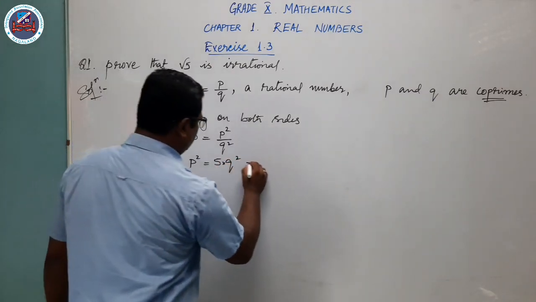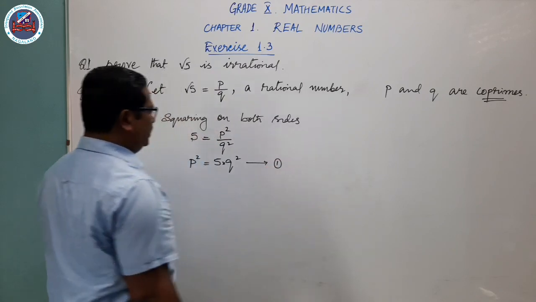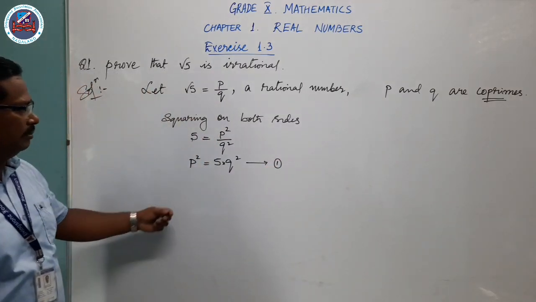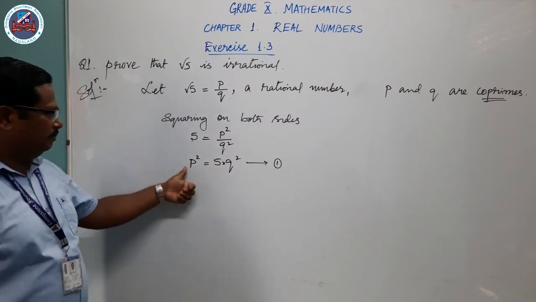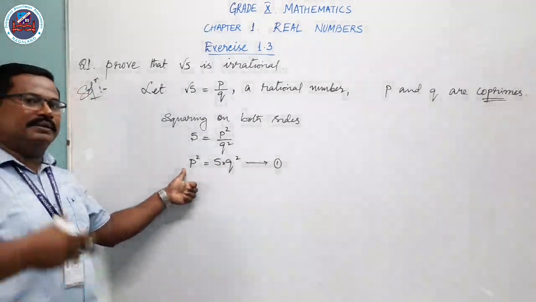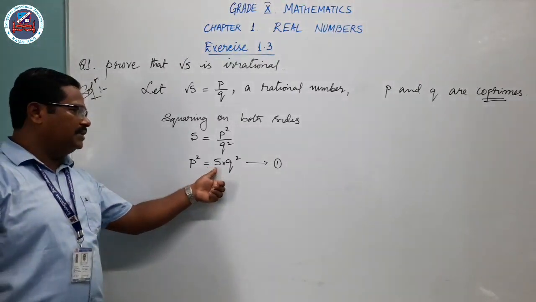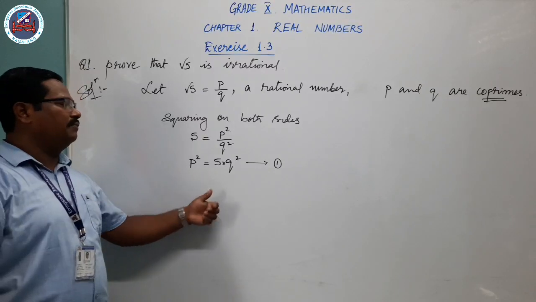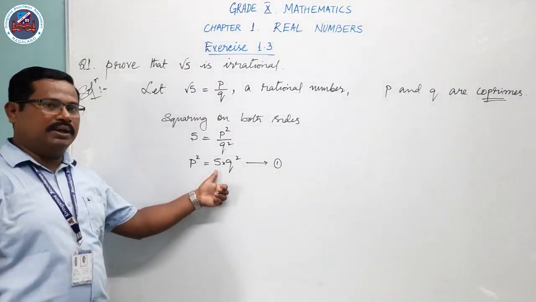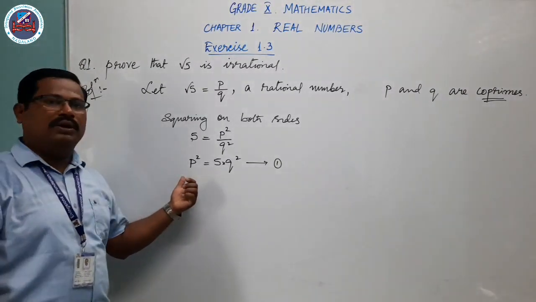Let us mark this equation number 1. Here your theorem 1.3 will come. Here you can see 5 divides p square, or we can say 5 is a factor of p square. So if 5 divides p square, then 5 must divide p as well, or 5 is a factor of p as well.